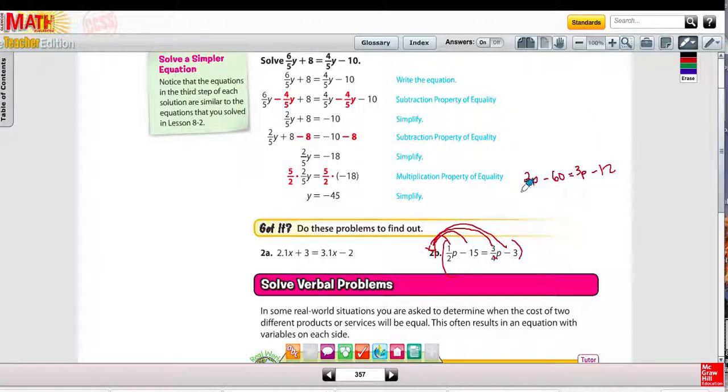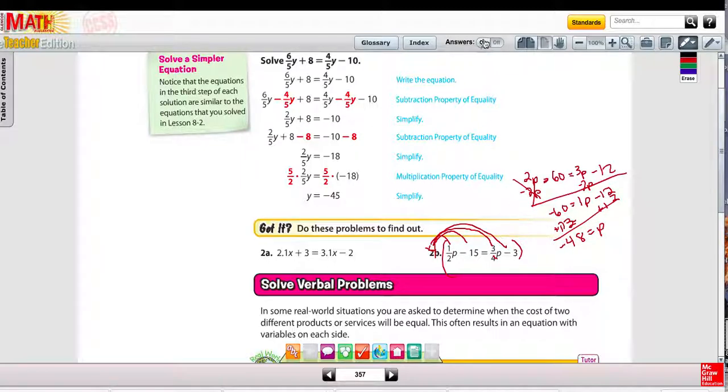Okay, I am going to subtract 2p from both sides. 2p minus 2p is 0, leaving me negative 60 equals 1p minus 12. Plus 12, plus 12, and we get negative 48 equals p.